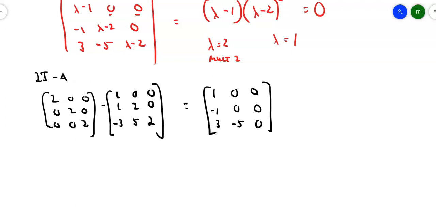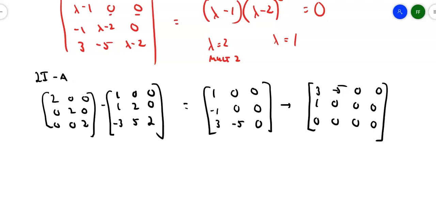All right. What does that tell me? That tells me that the second 2 rows will combine together, and I could write this as 3, negative 5, 0, tack on my row of zeros, a 1, 0, 0, 0, and then a row of zeros. When I row reduce it, here's what's going to happen. I'm going to get 1, 0, 0, 0, 0, 1, 0, 0, and then a row of zeros.